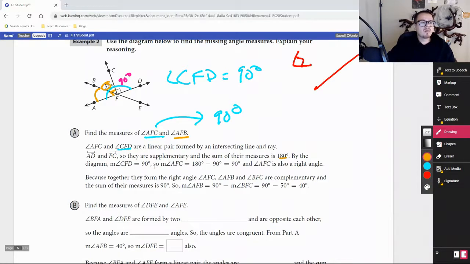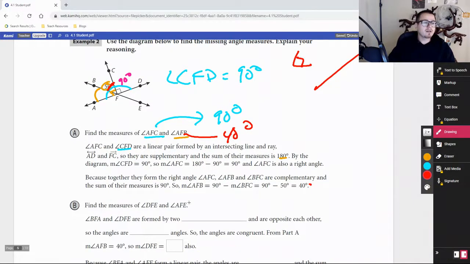So knowing that right angles, 90-degree angles, are complementary, AFB and BFC, in red, have to add up to 90 degrees. So if this is 50, clearly this other one is 40 degrees. Complementary, supplementary. Know the difference between the two.